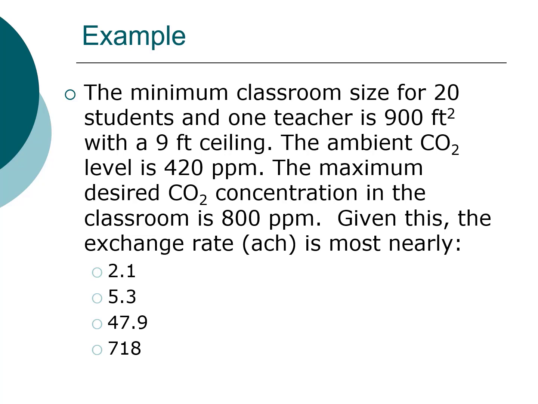I could even say that it should be lower than that, but at 800 you start to see children get sleepy, lack of focus, so we want to make sure that we keep that concentration less than 800. And given that, the required air exchange rate is most nearly, and you're given a number of choices.